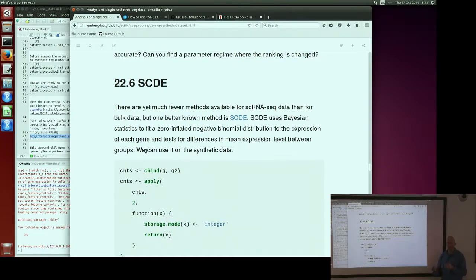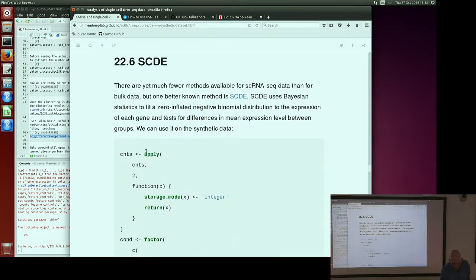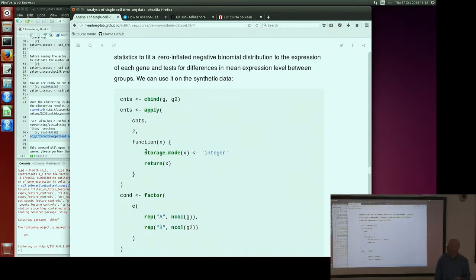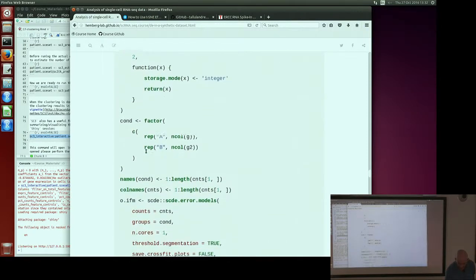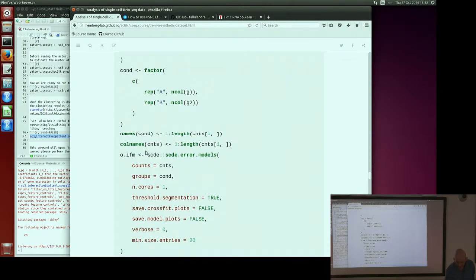You assume zero inflation, which basically means that you have a delta spike at 0, and then you assume that everything else is negative binomially distributed. The main drawback of this method is that it can be quite slow as it's trying to fit this model, but we can use it for small data sets like this synthetic one.